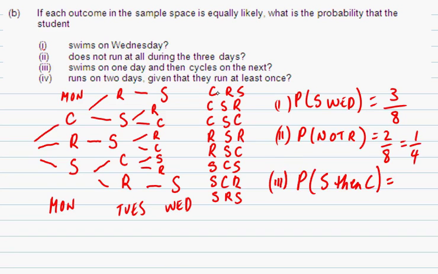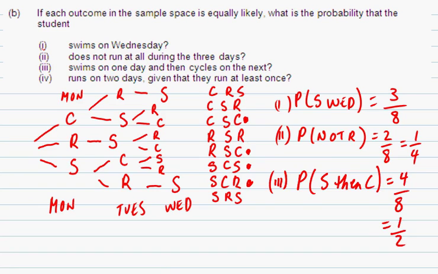We're looking along here, S first and then C. Well, there's an S and a C there in that order. Actually, back here there was an S and a C in that order. There is an S and a C here, an S, then a C, and I think that was it, 1, 2, 3, 4. So 4 out of 8 possibilities, which equals 1/2 of swimming then cycling.